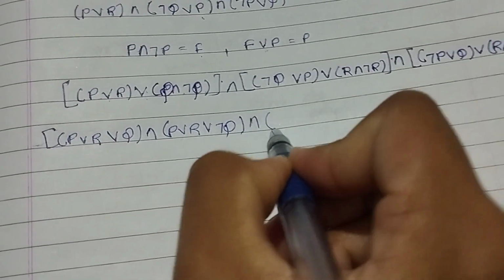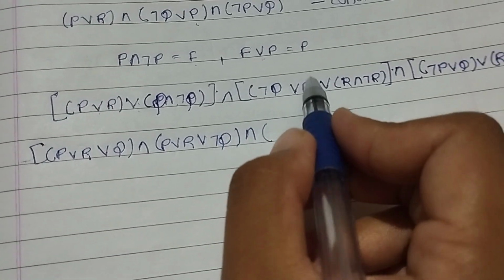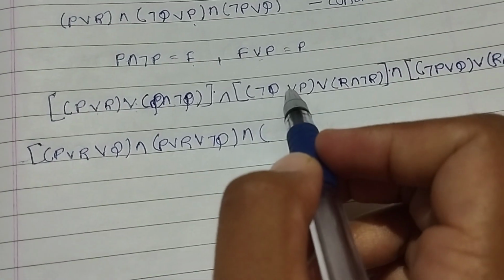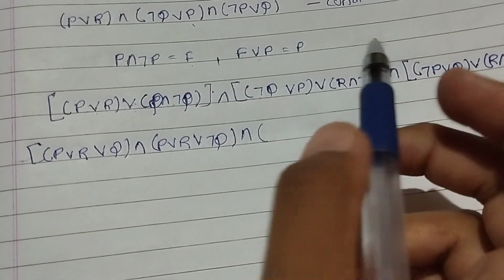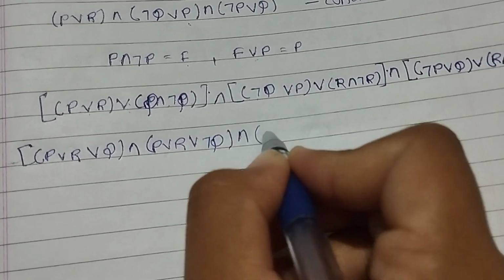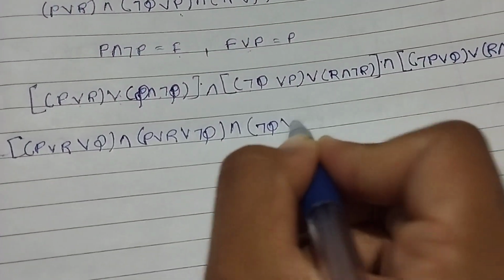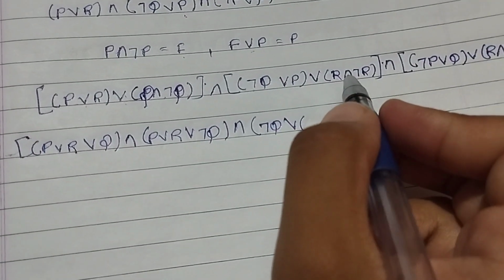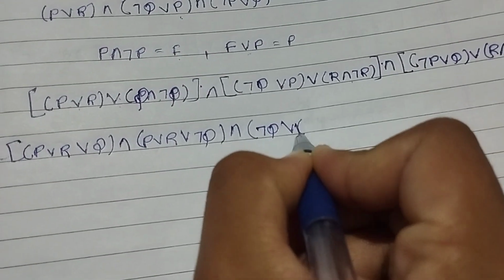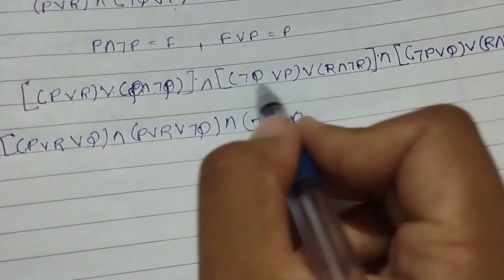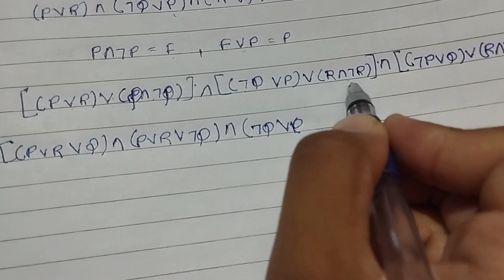And now the second, negation P or Q. This is the one variable, or P or negation P, suppose. So here again we use the distributive law, negation Q, or this one bracket we write as it is. Here we use this one bracket as it is, and the distributive law for the second bracket.